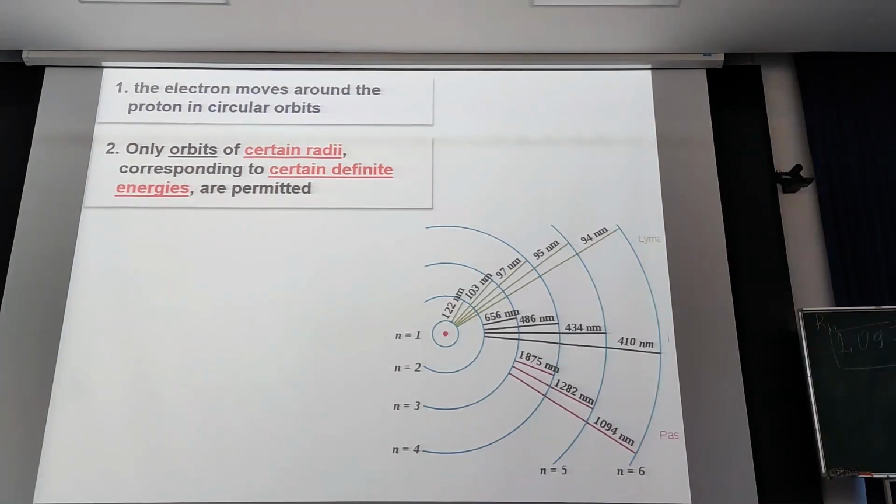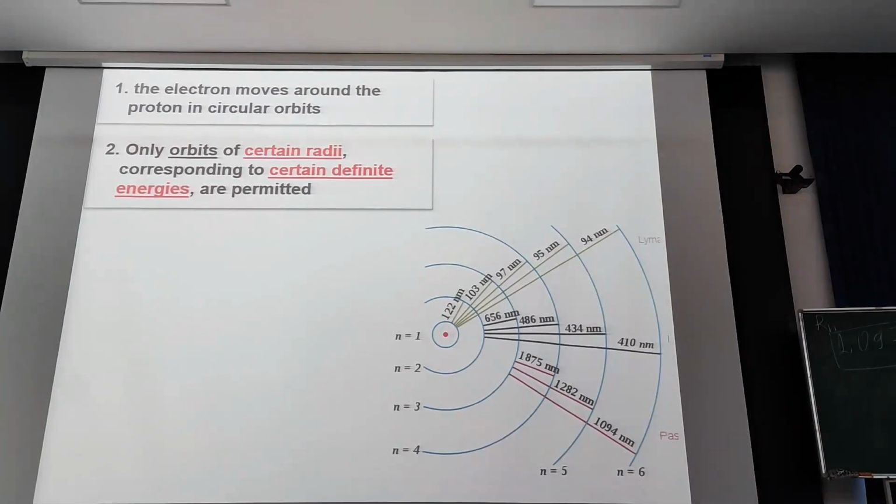But it does not circulate at any distance. Only few distances are possible. Like n=1, n=2, n=3, but not 1.1, 1.4, something. Not continuous like that. Okay? Only few distances corresponding with exact different energy are allowed.